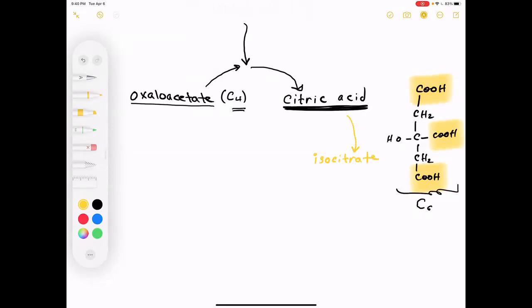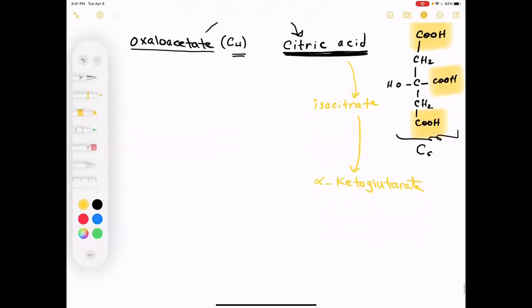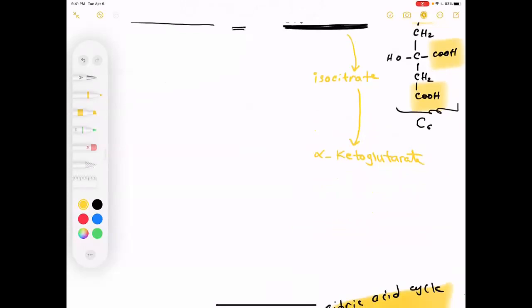Isocitrate will become alpha ketoglutarate, which is alpha ketoglutaric acid, but then ionizes into alpha ketoglutarate. I'm going to write one more reaction, then go back to the isocitrate. The alpha ketoglutarate is becoming succinyl-CoA. Succinyl-CoA.